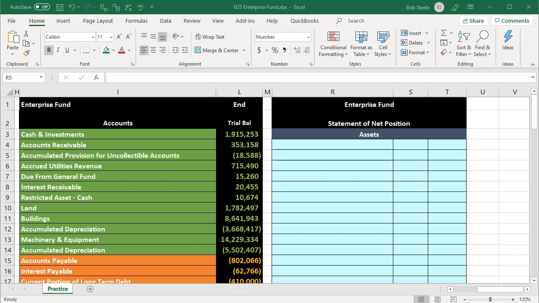So we are using accrual accounting, and therefore we don't have, like other types of funds, the modified accrual basis. So this is going to be more familiar to what we would expect. We're not going to have, for example, just current assets.